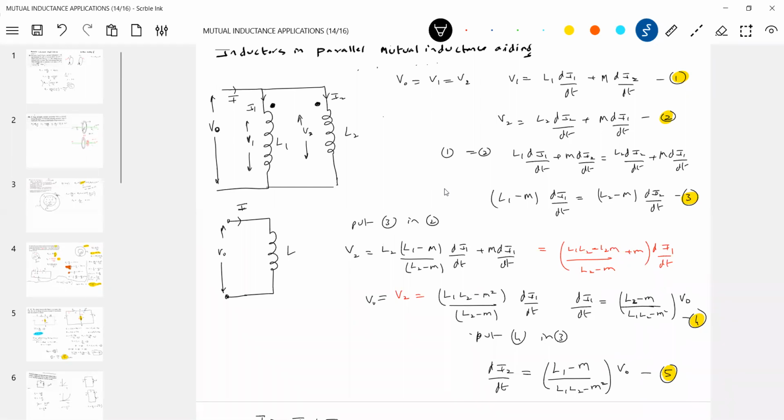The lines of force generated by one should be in the direction of the other one. We know the lines of force will come like this, and the lines of force of this one will come here. These lines of force should be directed in the direction of the lines of force of the other one. That's why it is called aiding. That will be shown by a dot.